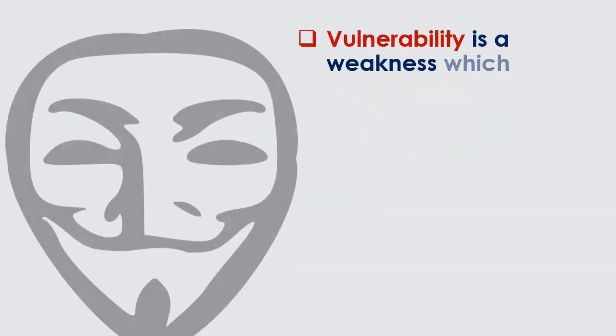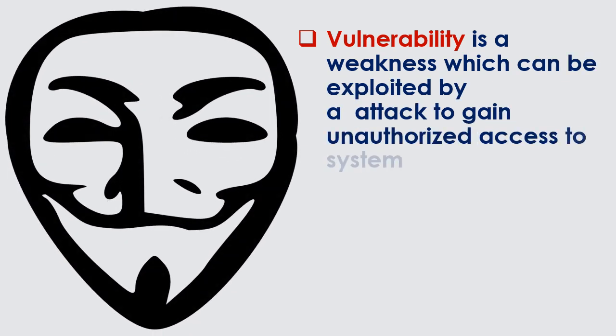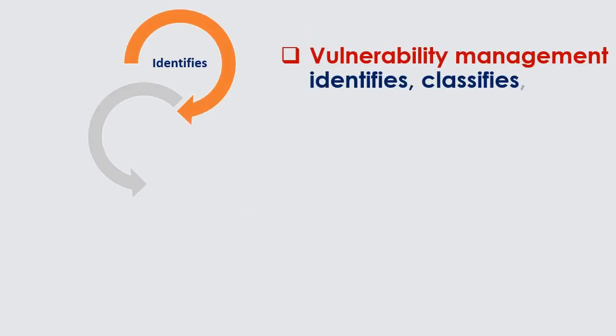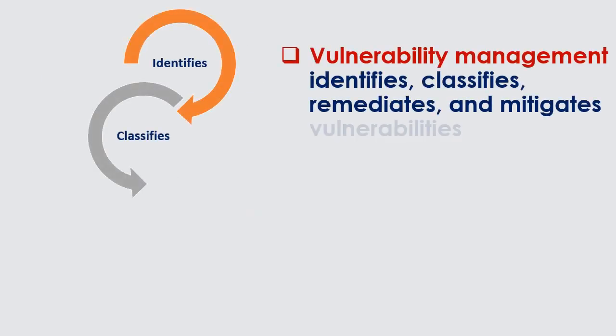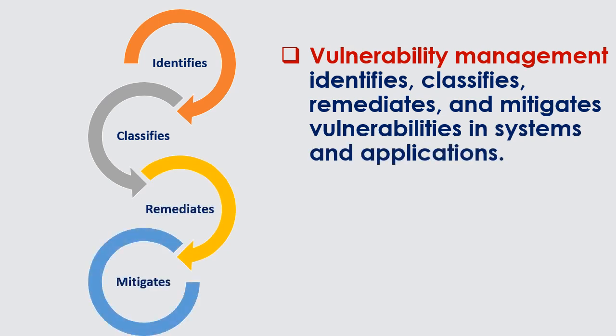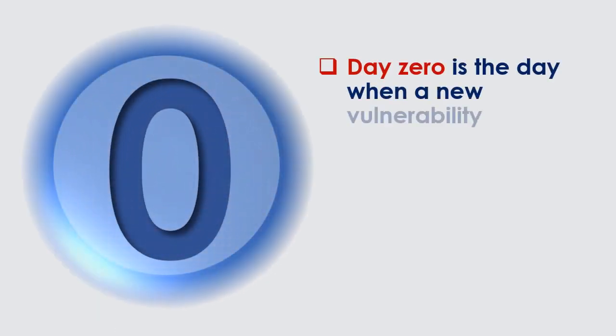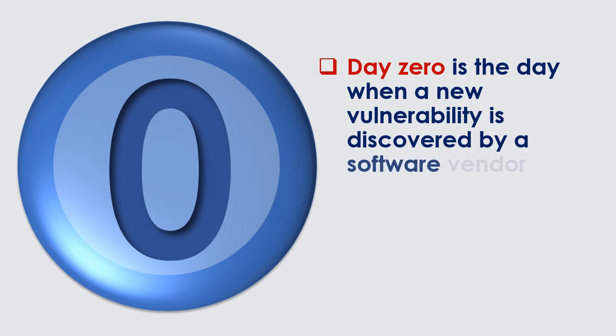Vulnerability is a weakness which can be exploited by an attacker to gain unauthorized access to a system. Vulnerability management identifies, classifies, remediates, and mitigates vulnerabilities in systems and applications. Day 0 is the day when a new vulnerability is discovered by a software vendor.